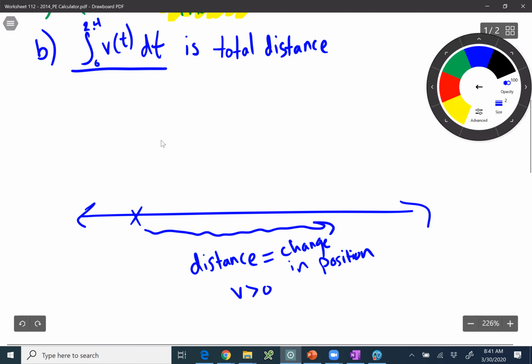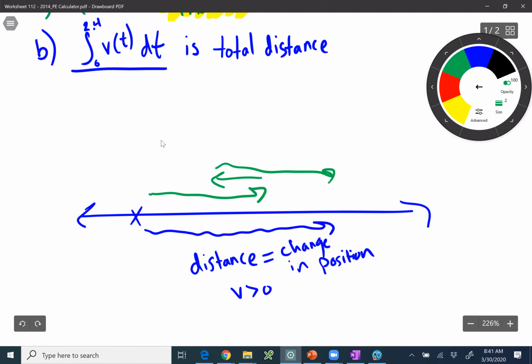If we had going forwards, then coming backwards, then going forwards again, right? This is where in this middle part, v was less than 0. Now our distance is not equal to our position, because our position would be right here.